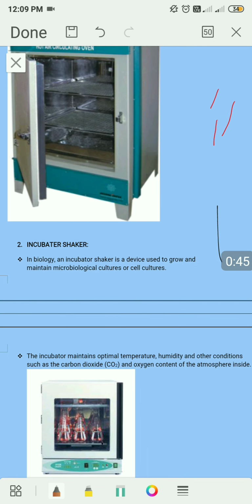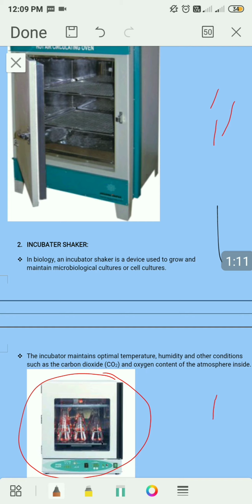And coming to the incubator shaker. In molecular biology, the incubator shaker is a device used to grow and maintain biological cultures in a cell. As you can see here, there is an incubator. The incubator maintains optimal temperature, humidity, and other conditions such as carbon dioxide, CO2, and oxygen contained in the atmosphere inside.